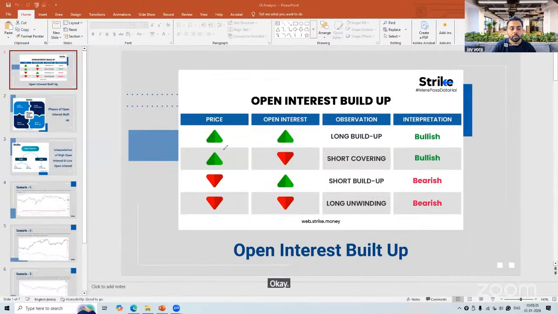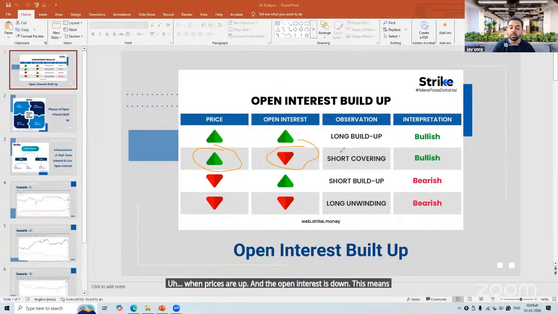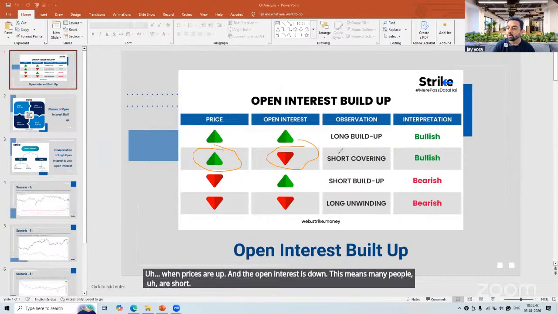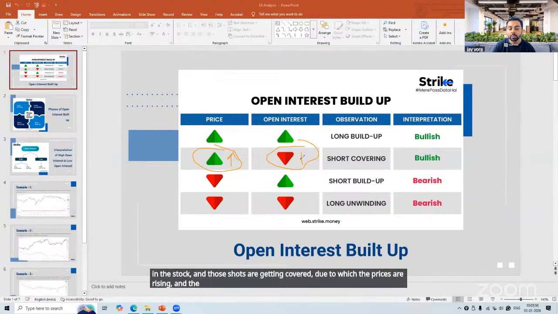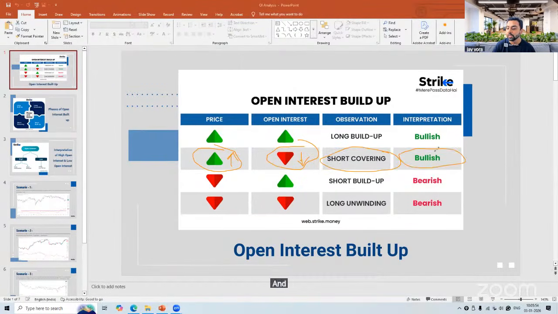When prices are up and the open interest is down, this means many people are short in the stock, and those shorts are getting covered, due to which the prices are rising and the open interest is falling. This is what we call a short covering rally, and this again is bullish.